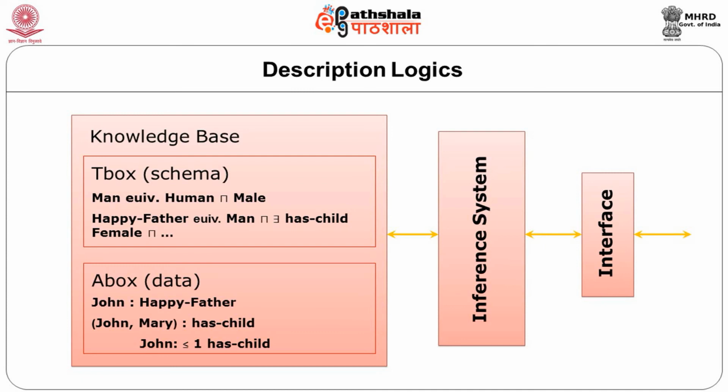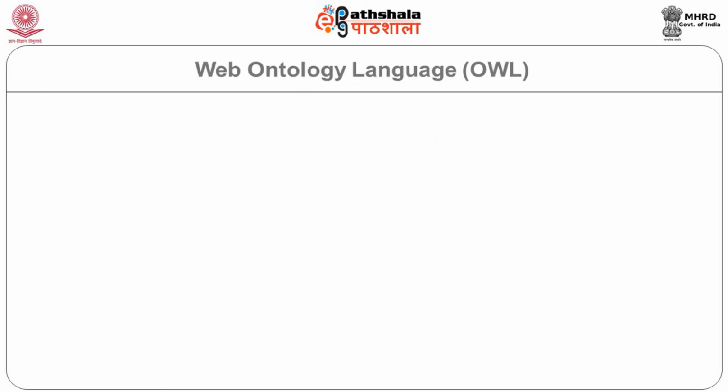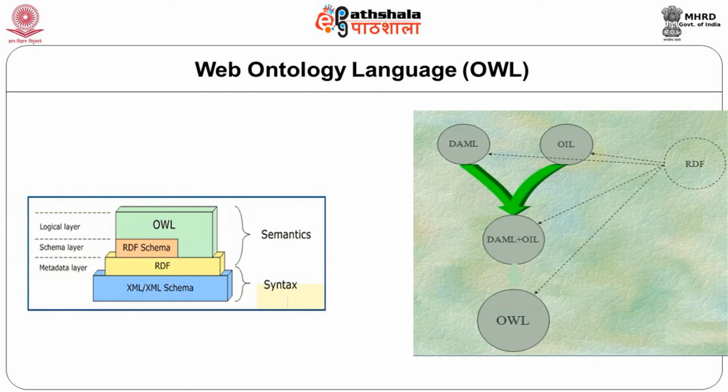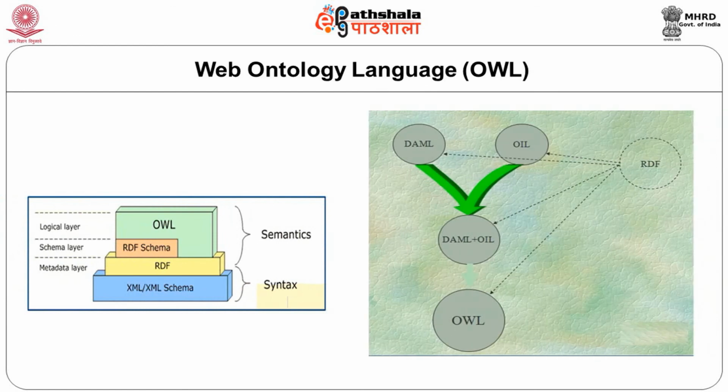On top of it you can have an inference system, and you can infer new knowledge from this existing knowledge base. Now we talk about another advanced knowledge representation language, OWL. This is quite popular nowadays and it is a recommendation of the W3C, the World Wide Web Consortium. It is a semantic markup language for expressing, publishing and sharing ontologies on the web.